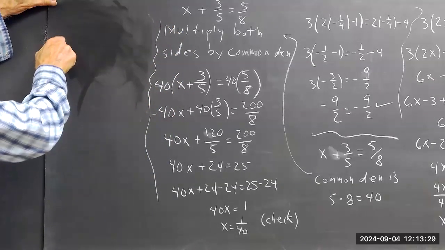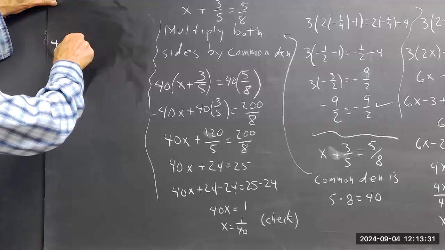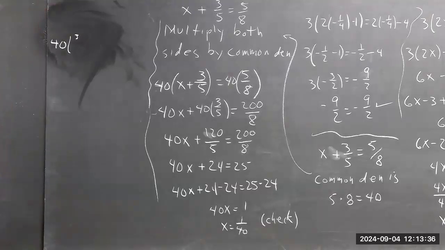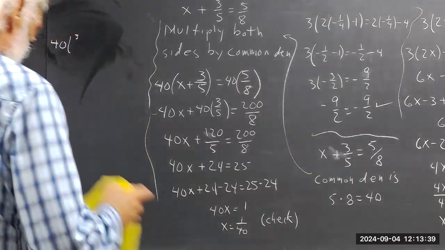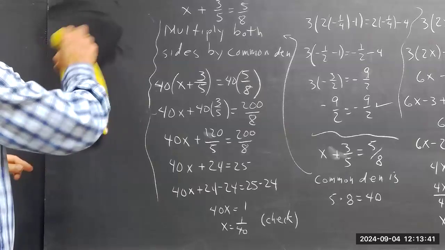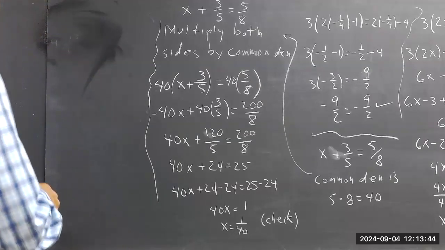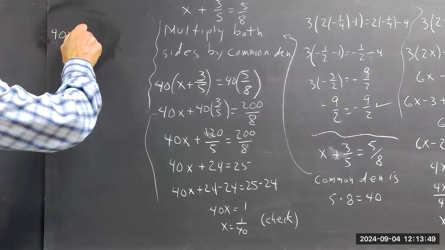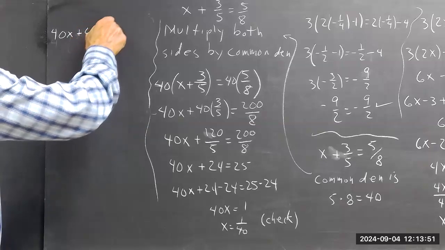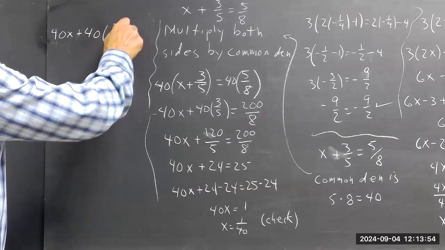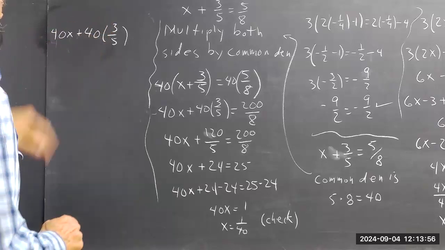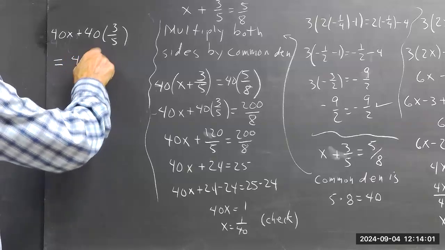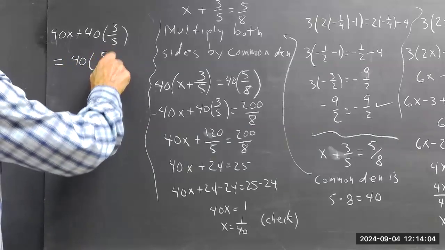Okay, so you got 40x plus 40 times 3/5 equals 40 times 5/8.